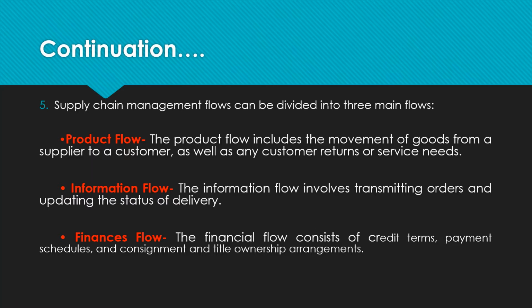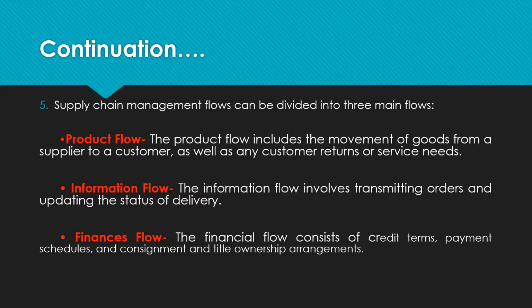Thirdly, finance flow. For conducting everything, or to perform something to achieve the final goal, you need money. That means there should be a proper flow of money. To achieve a certain goal, you need finance, and there is a proper flow of finance.